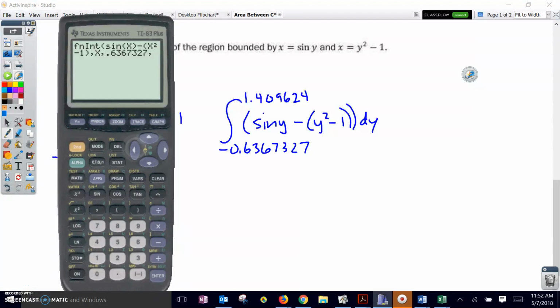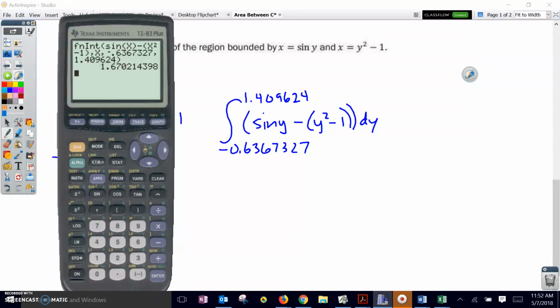Oh, I missed a negative sign. Insert that in there. And we go ahead and integrate it, and we end up with the area of the region.